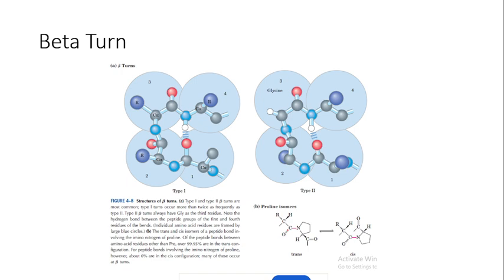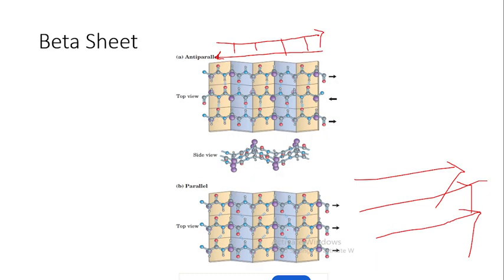Sir, explain a little bit about this parallel and anti-parallel. In this figure, the first layer, this is your N side and this is your C side.